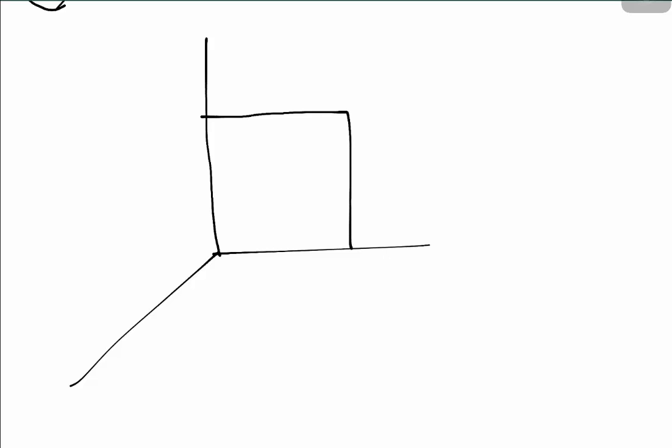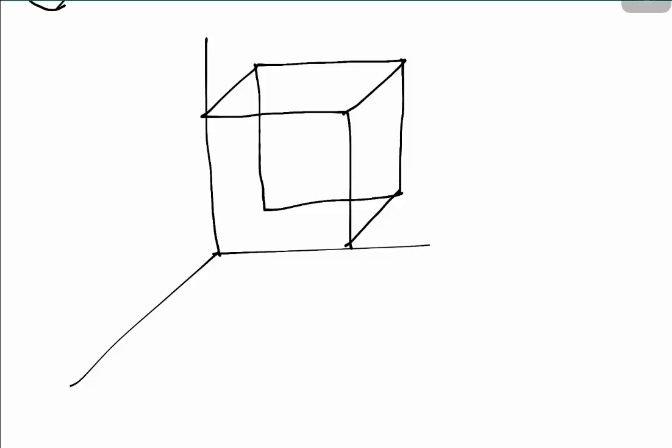Now consider a differential volume dV in Cartesian coordinate system. This is x, this is y, this is z axis, of dimension dx, dy and dz.